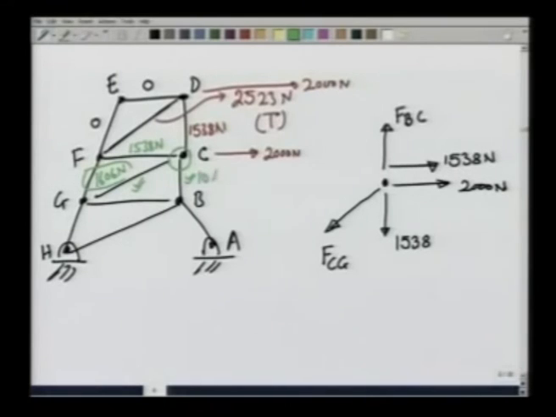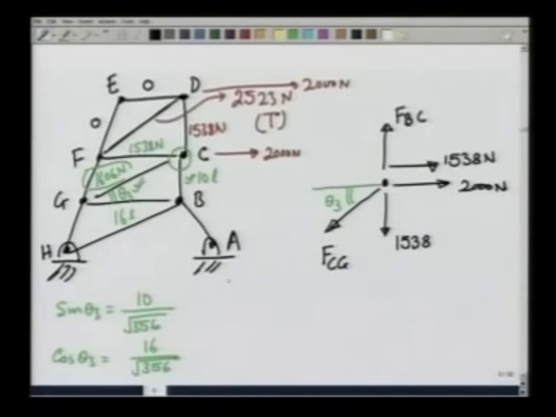This length is 10 L, this is 16 L. So, if I look at this angle and let me call it theta 3, I am going to have F_CG acting at an angle theta 3 with sine of theta 3 equals 10 over square root of 356 and cosine of theta 3 equals 16 over square root of 356.